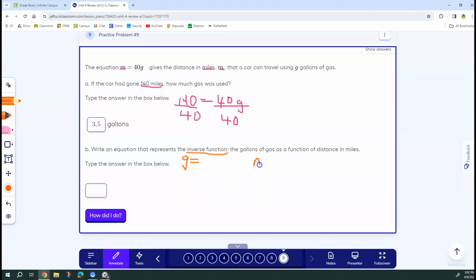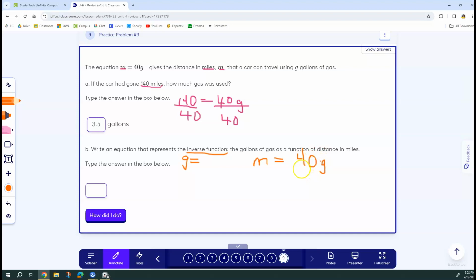So we're going to start off with the original equation, m equals 40g. The number of miles is 40 times the number of gallons. So if we want the g all by itself, then we simply need to get rid of the 40.